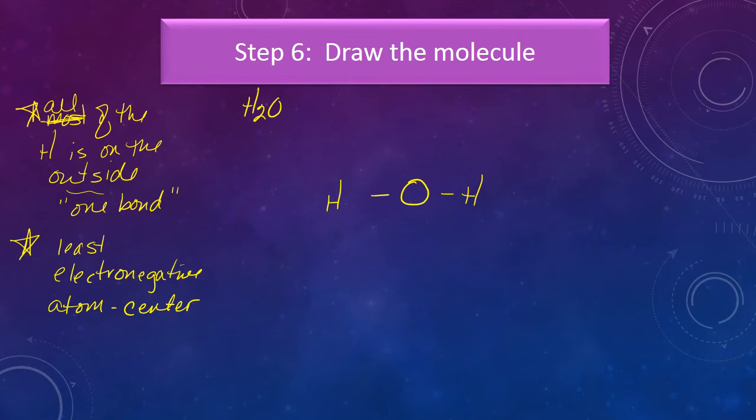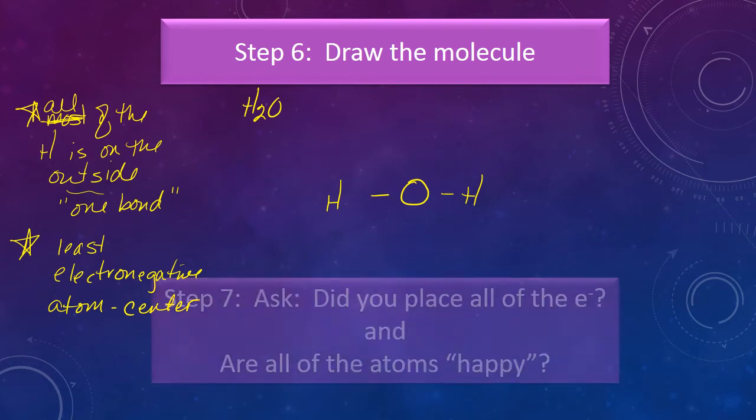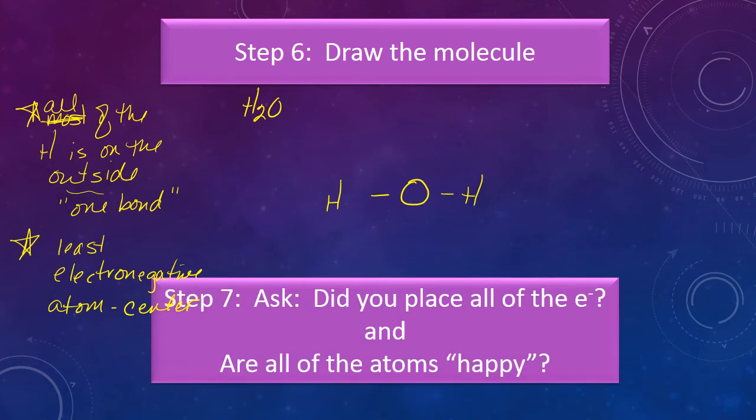All right. Now, then we need to take a look at whether or not each one of these guys are happy. Did you place all of the electrons? Well, if you recall, water has 8 electrons, and the molecule has to have these 8 electrons. And right now, I put 2 electrons there and 2 there.